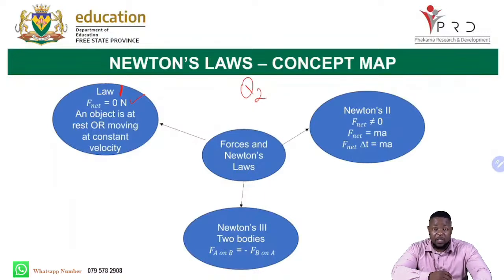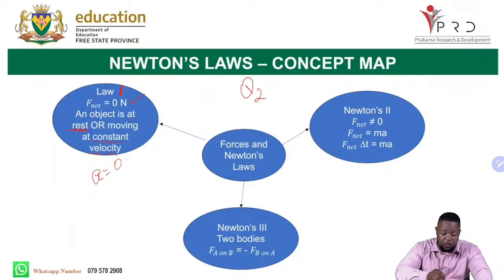There are certain key words that you will come across that explain that. The key words here would be constant velocity. When you hear the words constant velocity, or the object is at rest, the object being at rest or moving at a constant velocity implies that the acceleration there is equal to 0 meters per second squared.